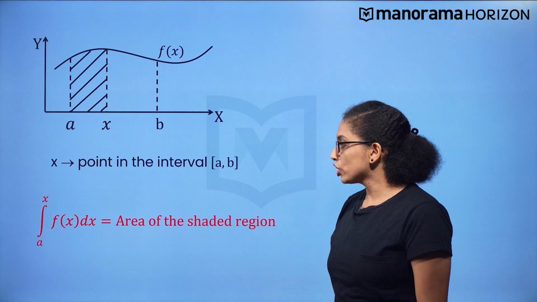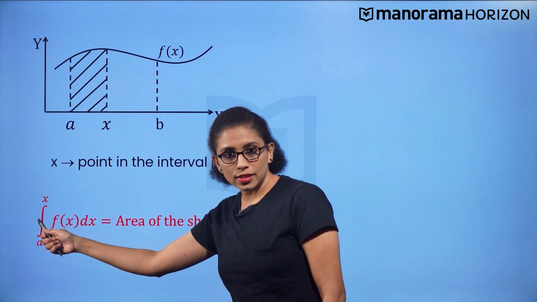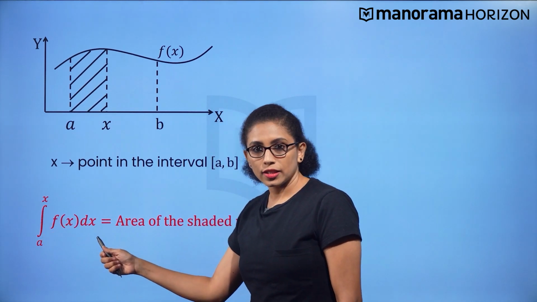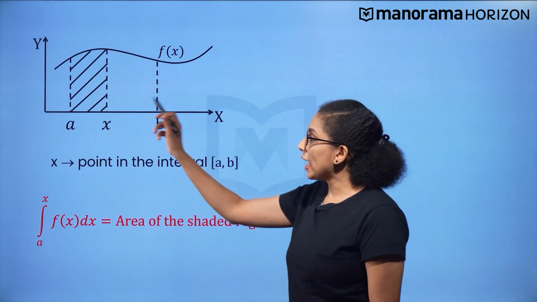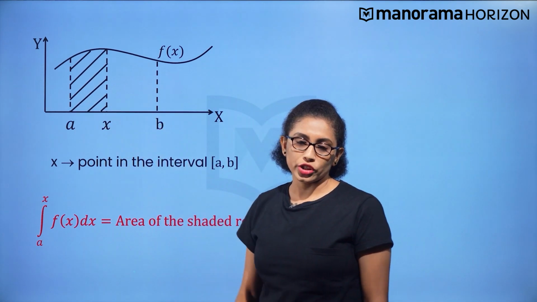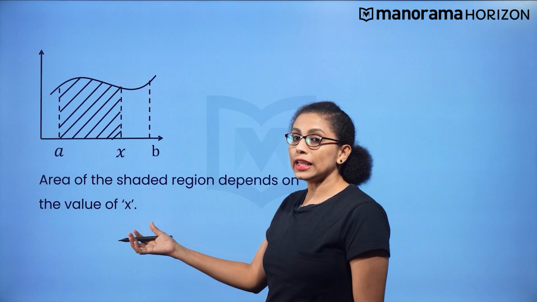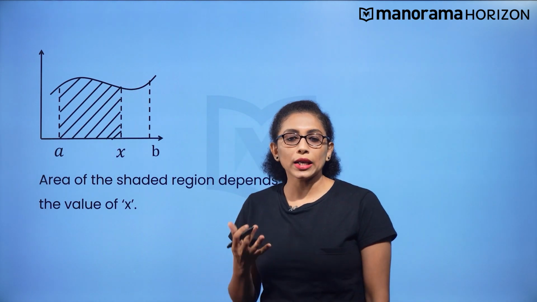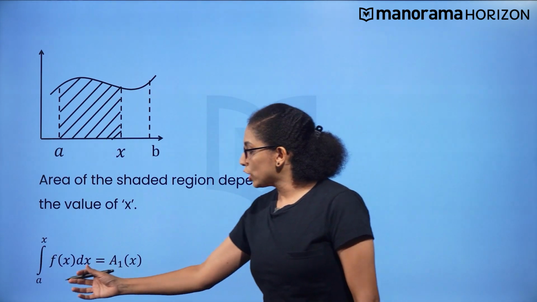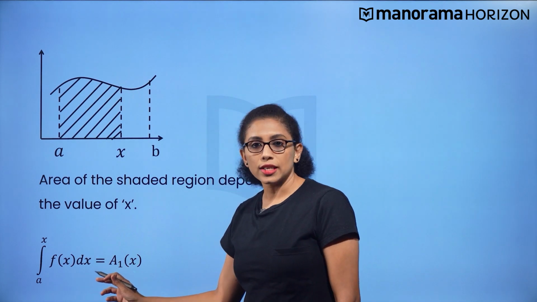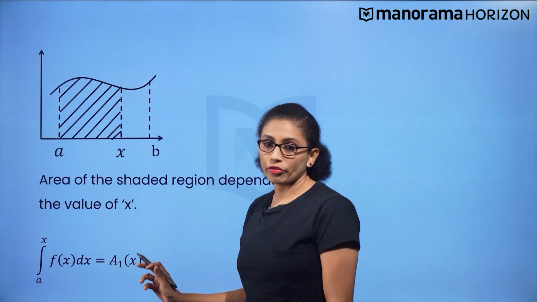Then, integral a to x f(x) dx is nothing but the area of the shaded region. Here, the area of the shaded region depends on the value of x. So, we can write integral a to x f(x) dx is equal to A(x).